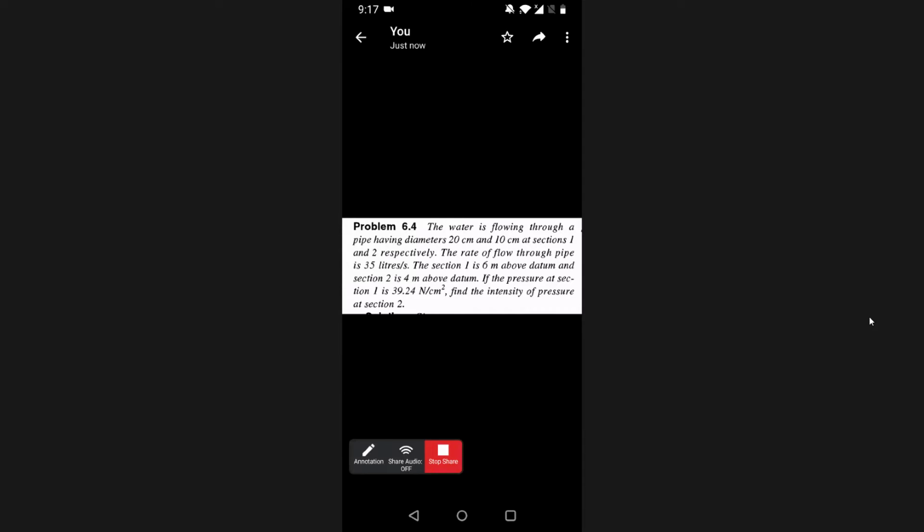Now what is given? The rate of flow through the pipe is 35 liters per second. What is this? Rate of flow means?